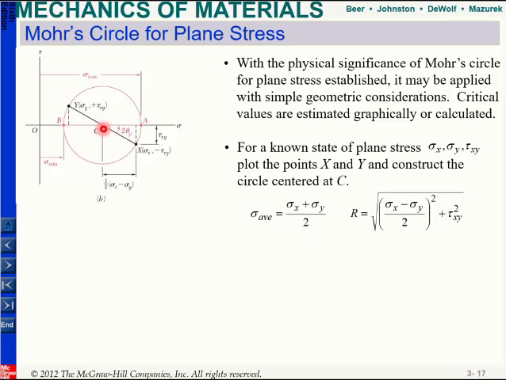This radius is given by this equation: R equals the square root of (sigma x minus sigma y divided by 2) squared plus tau xy squared. If you want to find this R, you need to find the distance from here to C, which is equal to sigma x minus sigma y divided by 2, because it's half of this difference. And then we have the shear stress squared. So either you can find your center and your radius and draw your circle, or you can find these two points X and Y and then draw your circle.